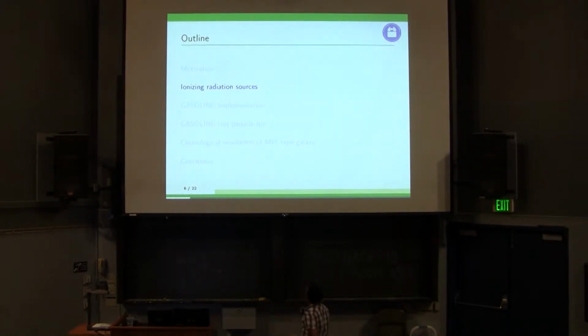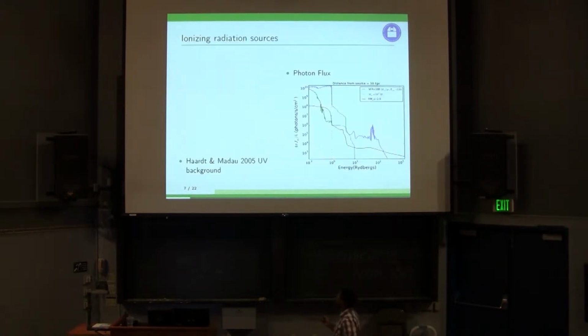So now I look at ionizing sources that you can add in your simulations to mimic this effect. The first one is the Haardt and Madau background, which is used in almost all simulations now to calculate cooling. But there are, of course, more sources of radiation in the galaxy itself. The first one is the radiation from young O and B stars. They have UV flux, ionizing radiation.